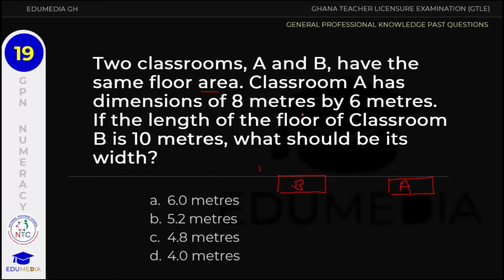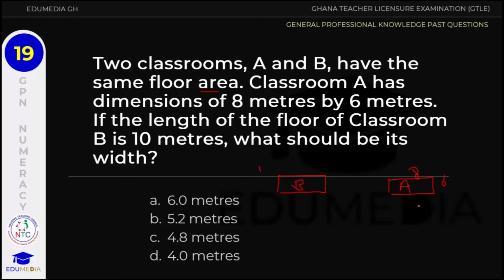Class A has dimensions of 8 meters by 6. So we can have 8 by 6, right? And these two of them have the same area. Okay, so that is one thing. They have the same area.